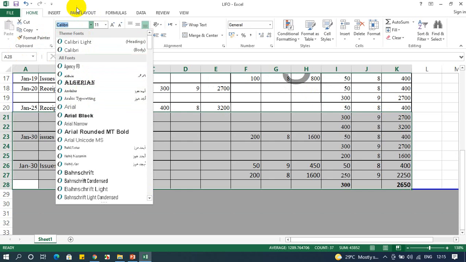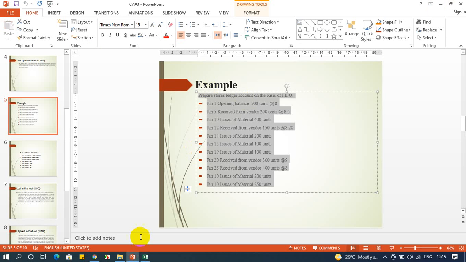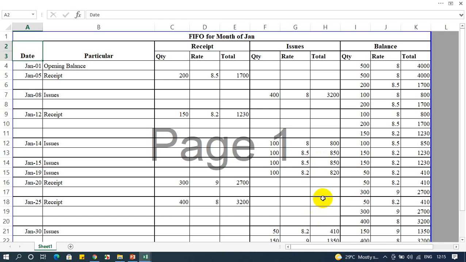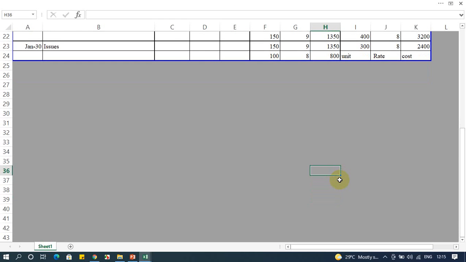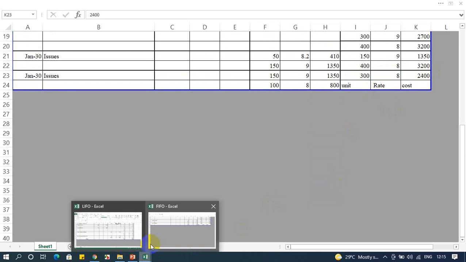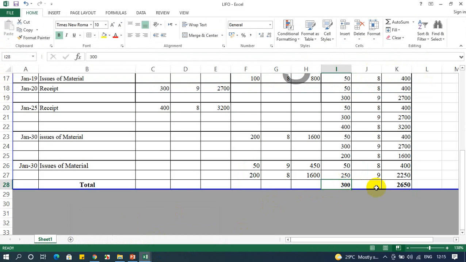Going back to the last session, the Excel file sheet that we discussed, we got that FIFO method. So under the FIFO method, what is left? See here, 300 units left at the rate of 8, which will become 2400. But here 300 is left, the same units, but the amount is 2650.